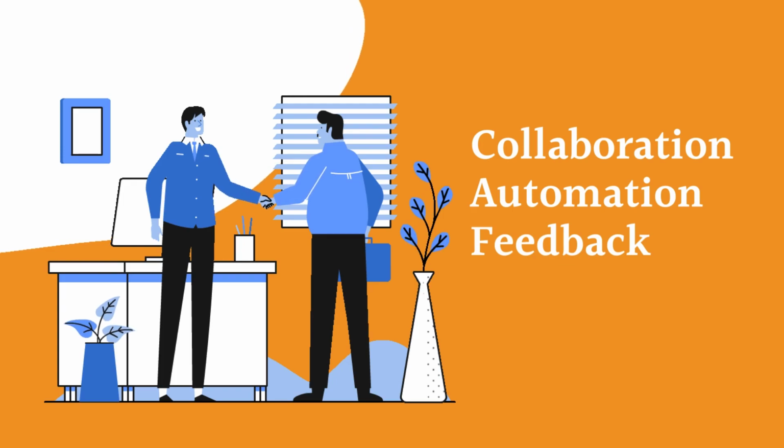Teams work together closely, breaking down the walls between development and operations. Automation. We use tools and scripts to streamline repetitive tasks, making things faster and more reliable. And feedback. We continuously gather feedback from users, making improvements along the way.